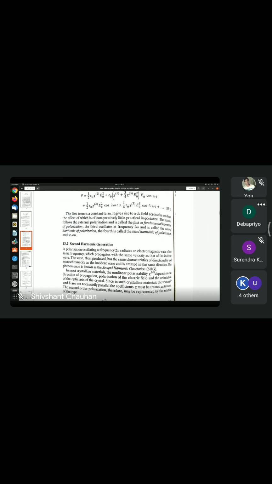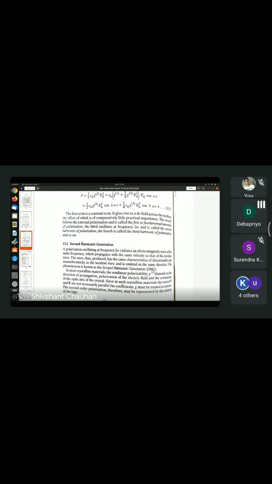So that is how the system has responded non-linearly to the incident radiation. And this has happened because E0 is very large in comparison with the E0s that you have for ordinary light. It is because of this that although chi2 is small compared to chi1, still chi2 E0 square is not negligibly small. That is why you have this component with frequency twice omega.